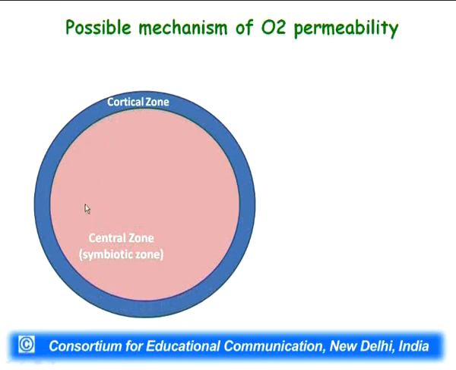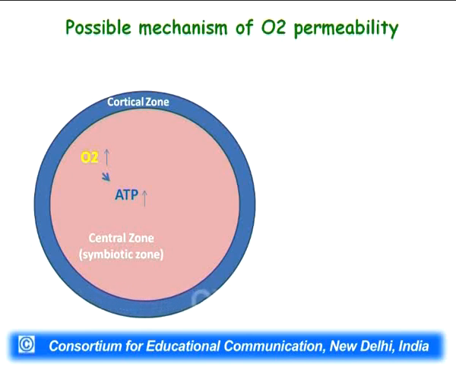Just imagine that this is a cortical cell, or the cell of the nodule which has the symbiotic bacteria. Say the oxygen level is high. When oxygen is high, plants will be able to respire very actively, and naturally it will make a lot of ATP.